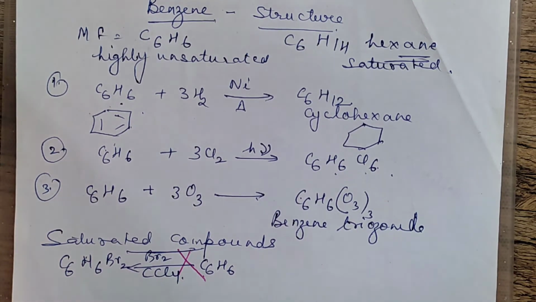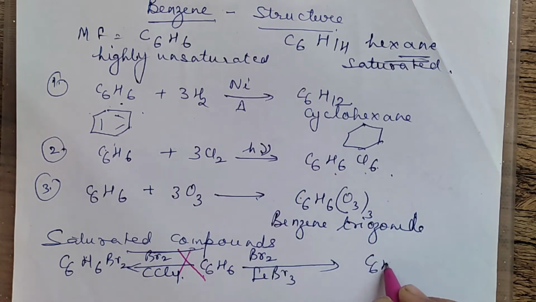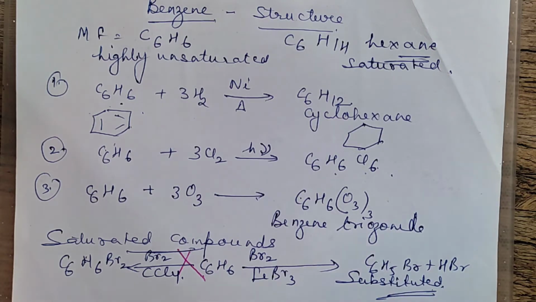But if you carry out the reaction of benzene with bromine in the presence of Lewis acid, FeBr3, then it will form C6H5Br plus HBr. This is a substituted product. That means it is carrying out more substitution reactions than addition reactions.